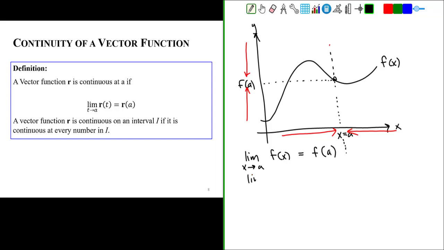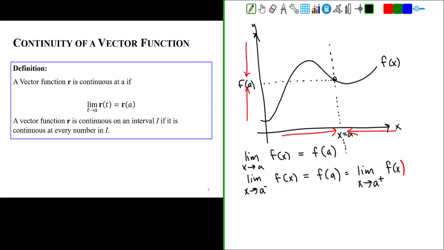Because when we approached x from the left, we got it being evaluated at f(a), and when we approached it from the right, we got the exact same value, we could say that this function is continuous.